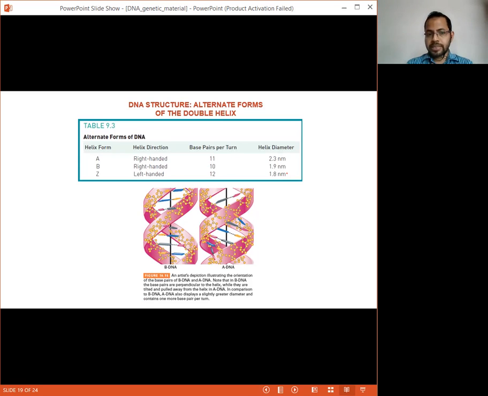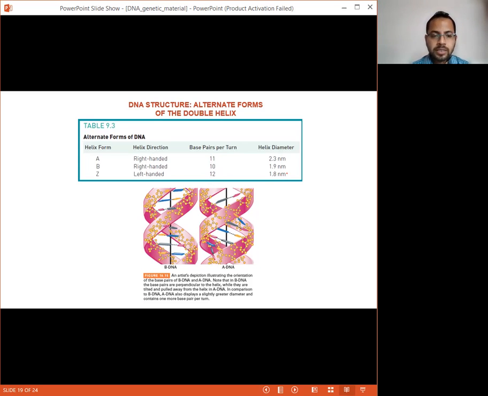If we discuss the base pair pattern, in case of B DNA it is approximately 10.5 base pairs per turn, whereas A DNA has some more bases per turn, and Z DNA has two more than B DNA. So Z DNA is lesser in diameter than B DNA, whereas A DNA is much thicker, its diameter is higher than B DNA.